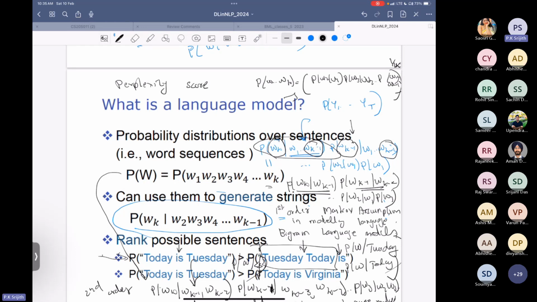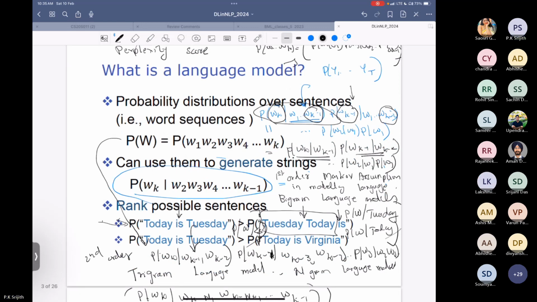It depends upon which order model you are using. If it is a bigram model, you are only conditioning with respect to the previous word. If it is a trigram model, you will be conditioning with respect to the previous two words. But for those two words that you are considering, you consider the order in which they appear.